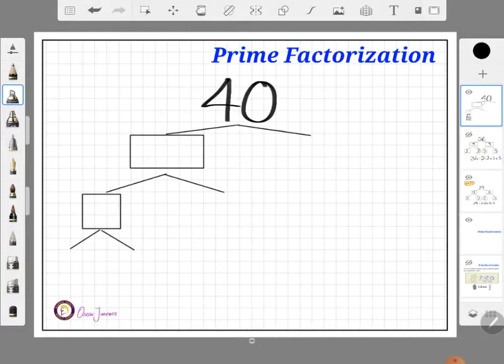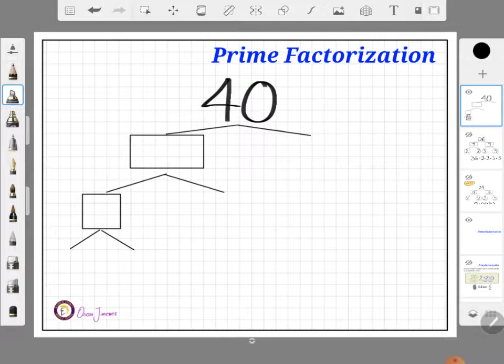Now let me finish with the last example. I'm going to show you how to find the prime factorization for the number 40. If you think of two numbers that multiply together to give you 40, you can think, for example, of 4 times 10, or 5 times 8, or 2 times 20. You can choose any factors. It will work with any pair of factors.